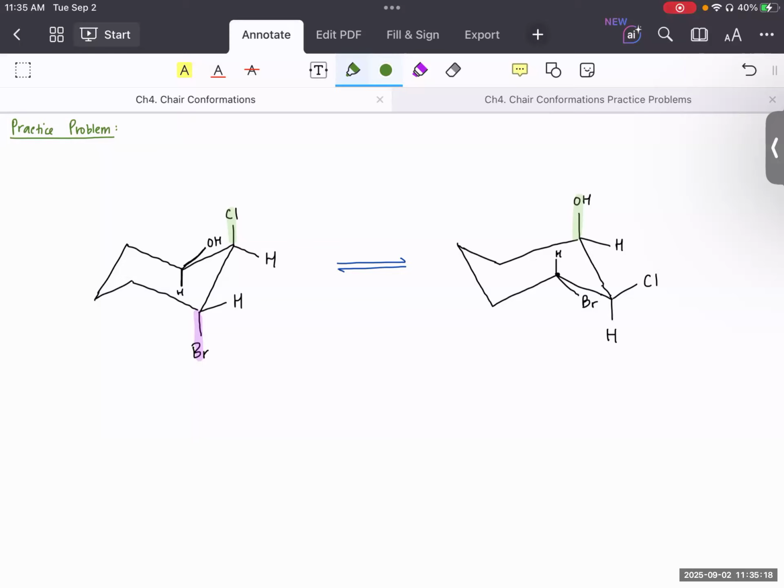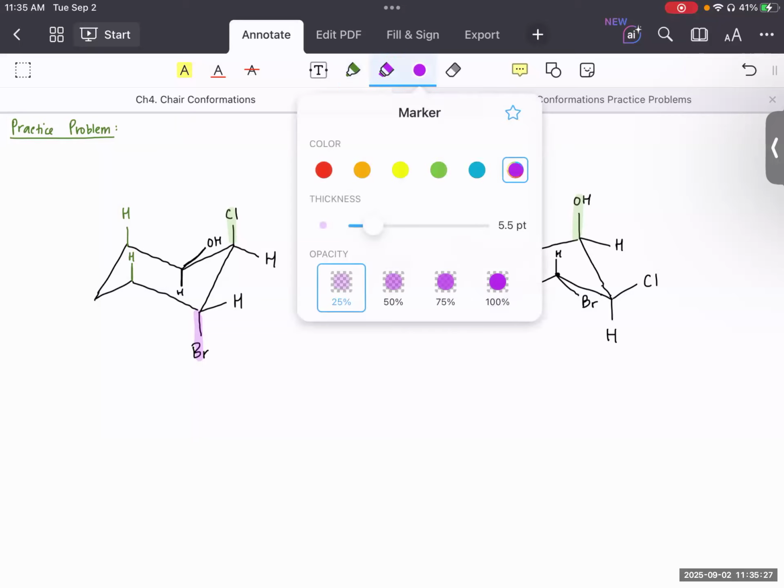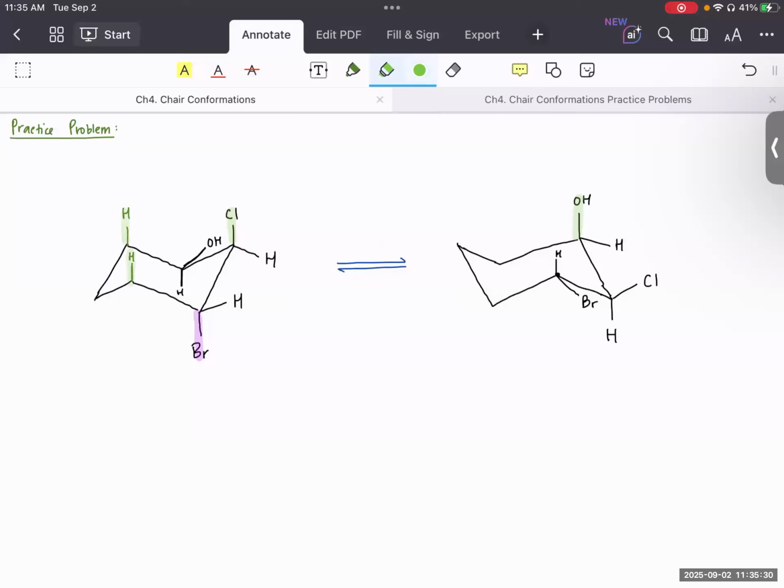In that first one, the chlorine interacts with the hydrogen from 2 carbons away on both sides of the ring, so I drew in all the hydrogens that it would have interactions with. Note that the bromine and the chlorine do not directly clash with each other. That's not the main problem within the structure. The bromine interacts with the hydrogens that are also 2 carbons away.